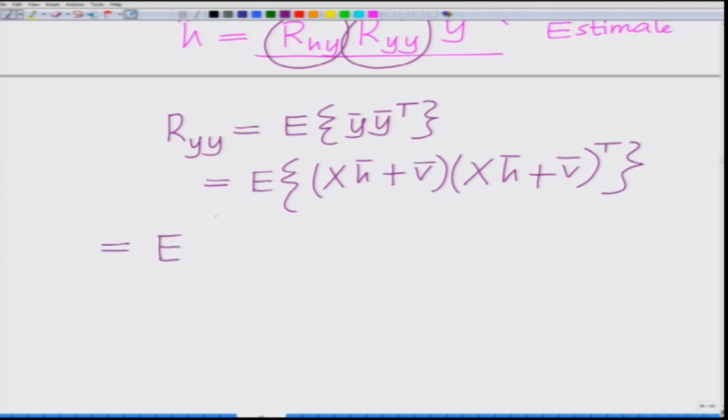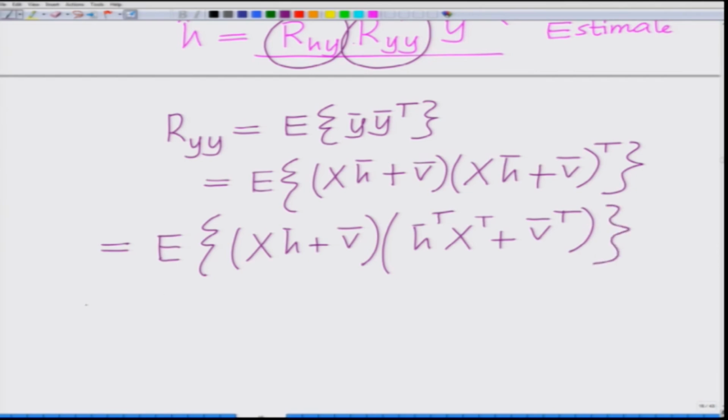Using the properties of the transpose, this is basically x H bar plus V bar times H bar transpose times x transpose plus V bar transpose. This is equal to expected value of x.